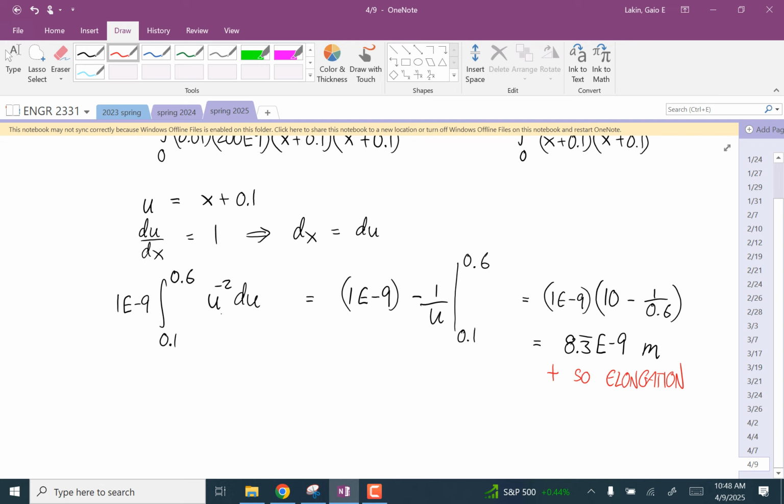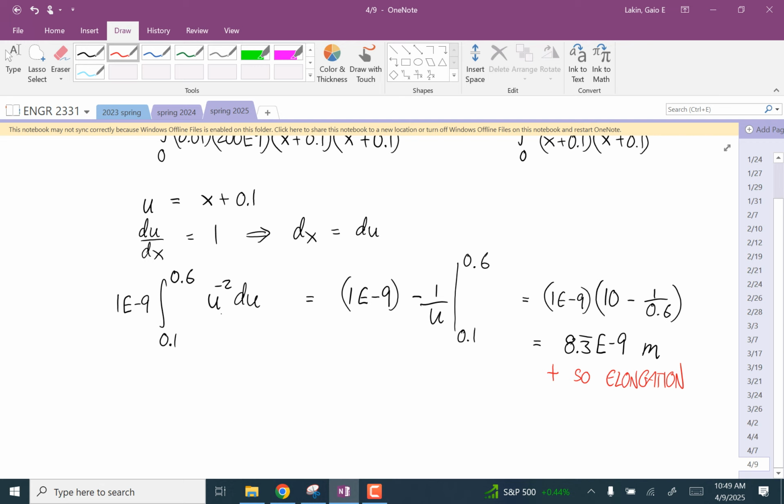Any questions about that? That's pretty tiny, so that won't have any consequences on any design decisions you would make, but that's how you do the calculation.